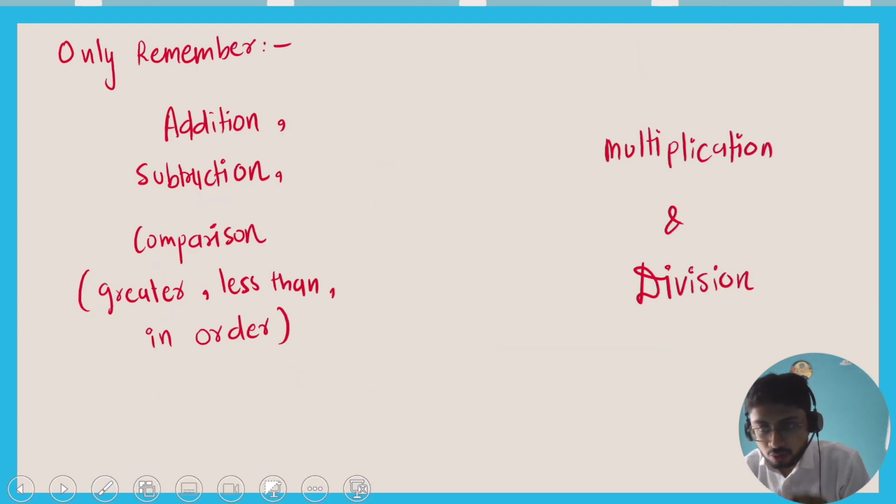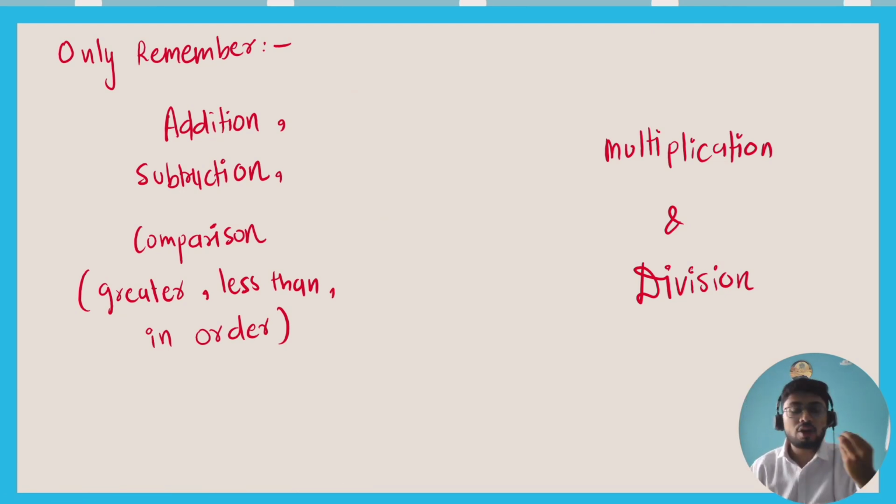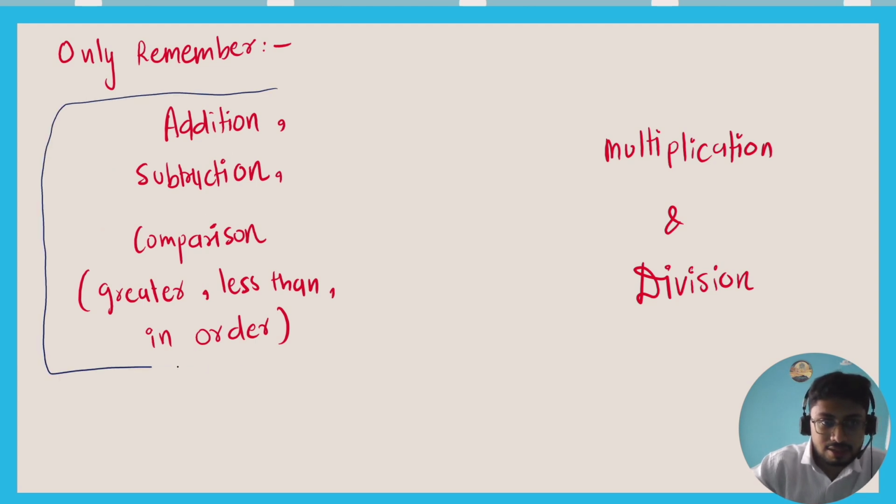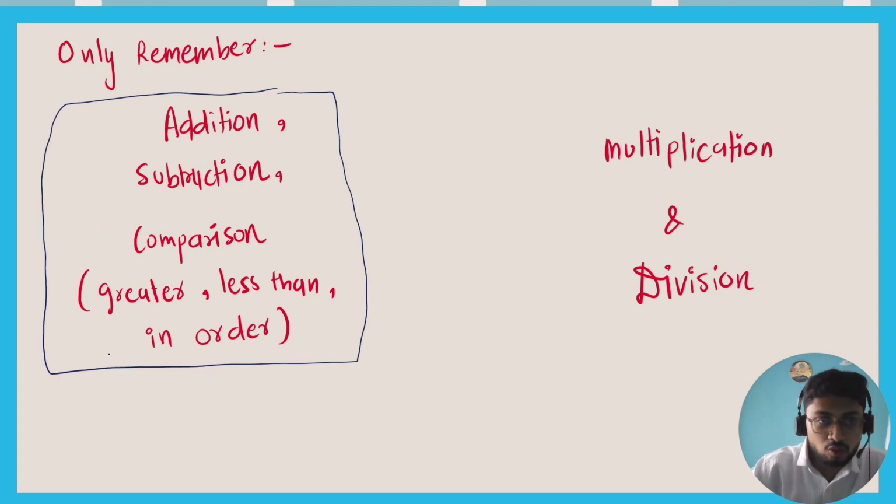So let's start with the two things. Okay, only two things you need to remember for the whole chapter of fractions, and then you will get any question and you are going to solve it. Okay, for addition, subtraction, and comparison, you have to consider like fractions, and for like fractions you want LCM.